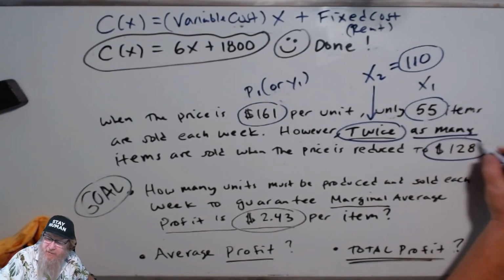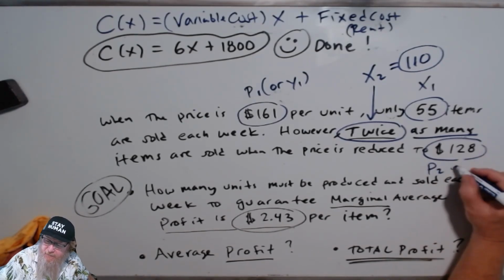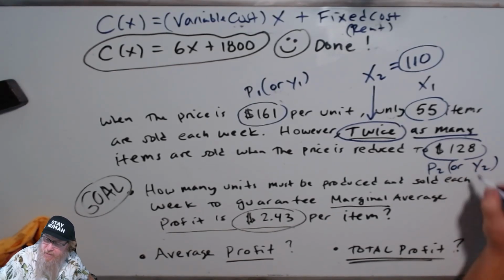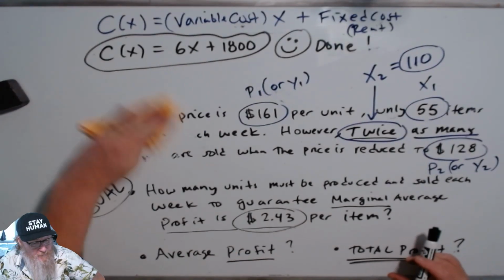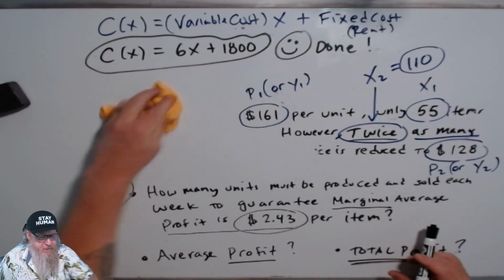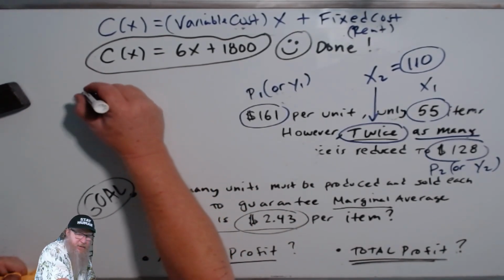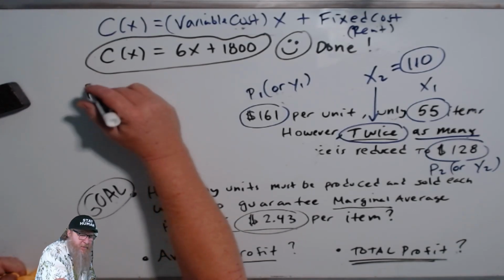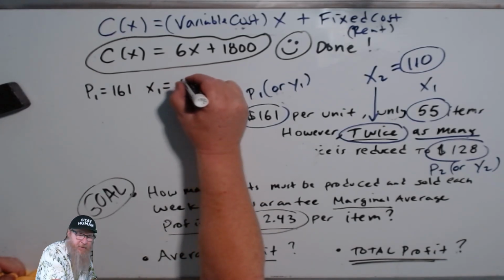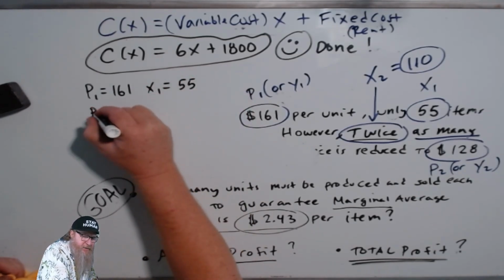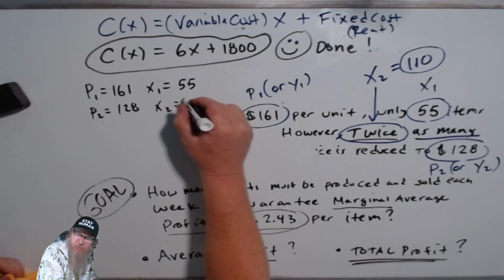Here's my P2 or Y2, whatever you want to call it. So I have P1 is 161, X1 is 55, P2 is 128, X2 is 110.